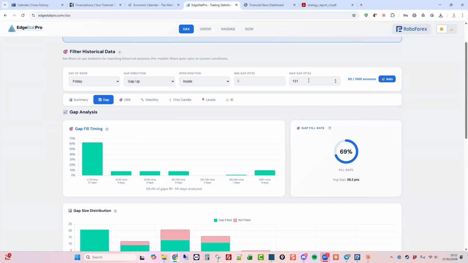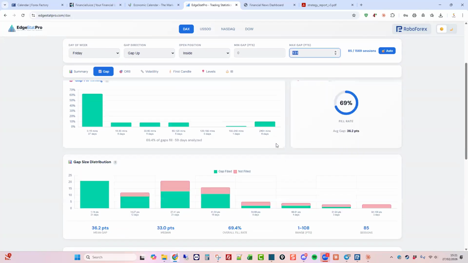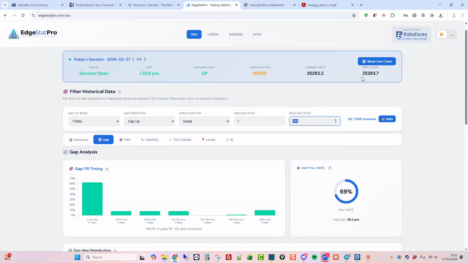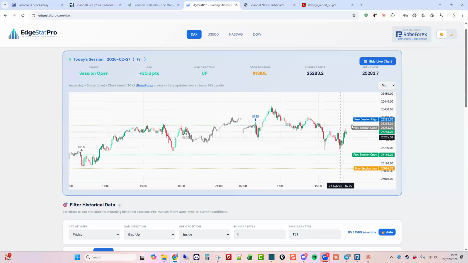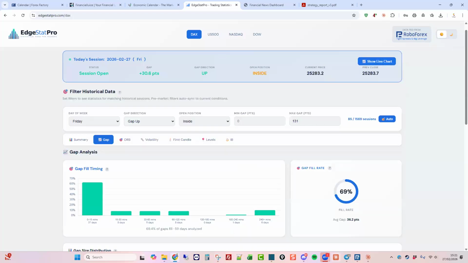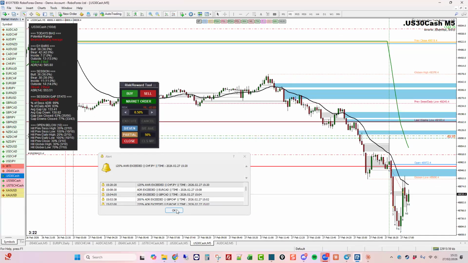When you get other things like a big gap, for example, there's going to be a lot less of them. Therefore, the data is going to be less prevalent. So it needs some thought as to how to use it, but this can all be tested. So some really good edges, I think, in here. Great for targeting, I think.